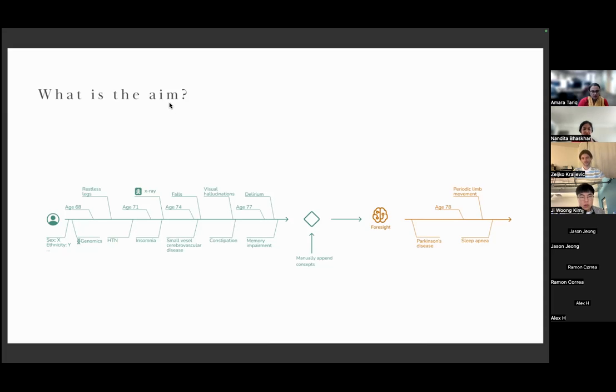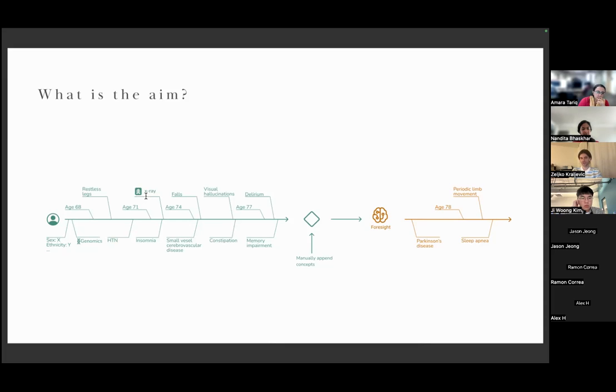And how we have done this, the plan, was to take the hospital record, extract all the information we have there about patients, and create something like a patient timeline. So we take a patient, we create their timeline, and we know that this patient at age 68 had restless legs. Then a bit later, they had hypertension.